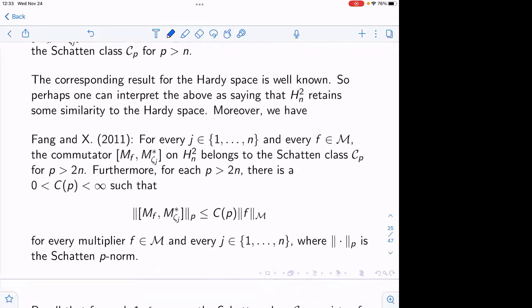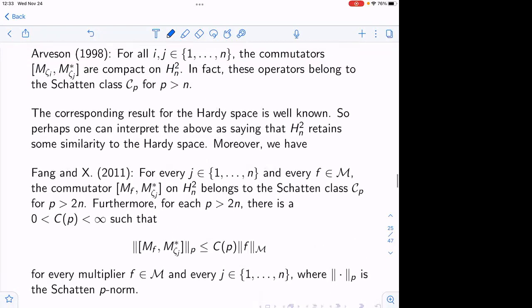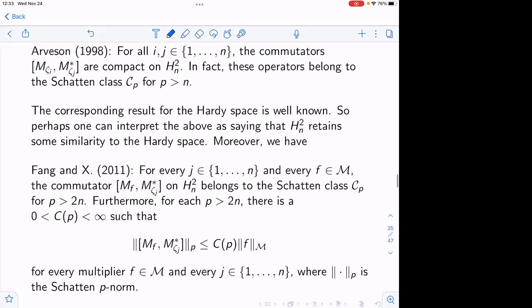This is something that's similar to what happens on the other reproducing kernel Hilbert spaces, on both Hardy space and Bergman space. You have the same kind of essential normality for these multiplication operators.